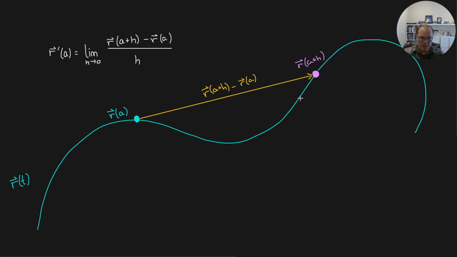So let's start moving it back. Let's make h a little closer to 0. We get this point. So now that numerator is this vector here, end minus start. Let's move the point a little further down this track. Okay, let's go to here. Now if I do the vector subtraction, I get this vector. Keep on going.